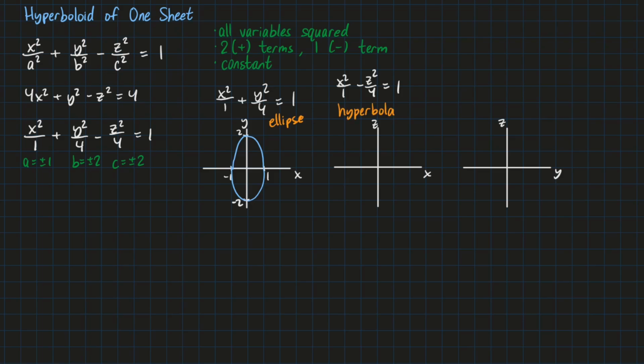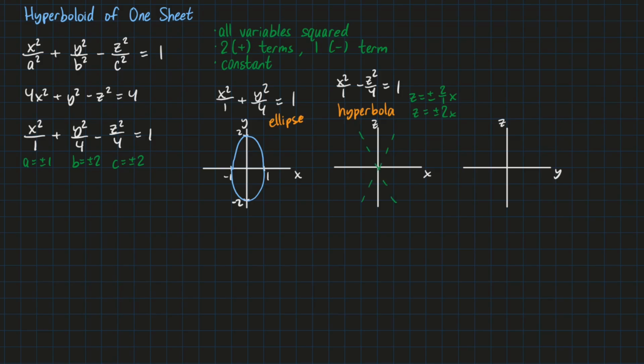Since z is our vertical axis, the equation for the asymptotes is z equals, as a function of x, plus or minus the slope, which is the square root of the coefficient under z over the square root of the coefficient under x. So this is plus or minus 2 over 1 times x, or z equals plus or minus 2x. So these are the asymptotes for the hyperbola.